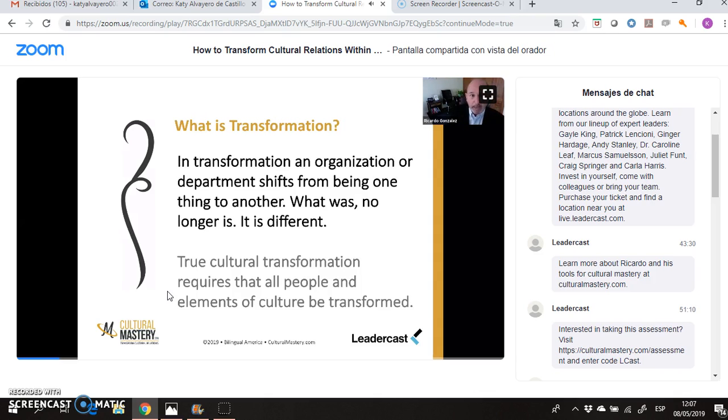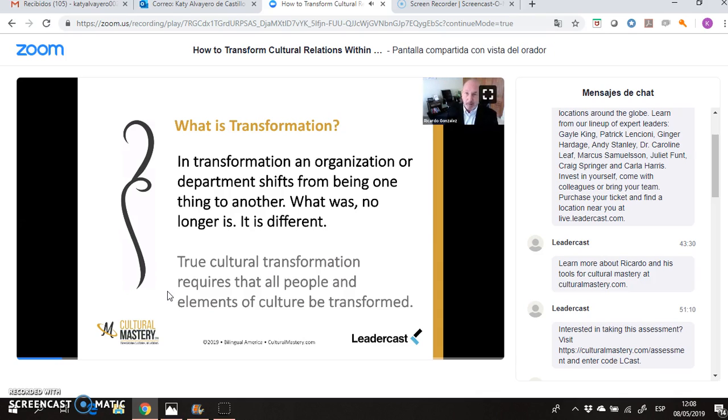So in transformation, as you can see on the slide, an organization or a department shifts from being one thing to another. In mathematics, there are actually 4 different types of transformation, so I won't go into that kind of detail, but there's an actual shift where we move from being one thing to being another thing. So what was, no longer is.